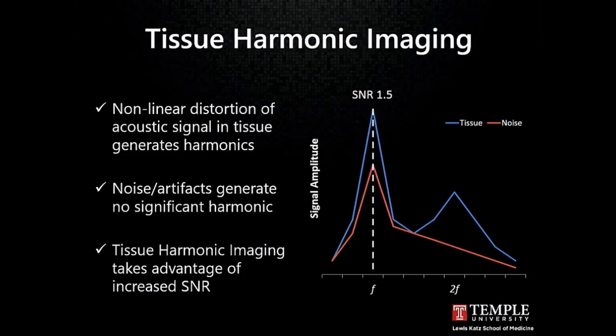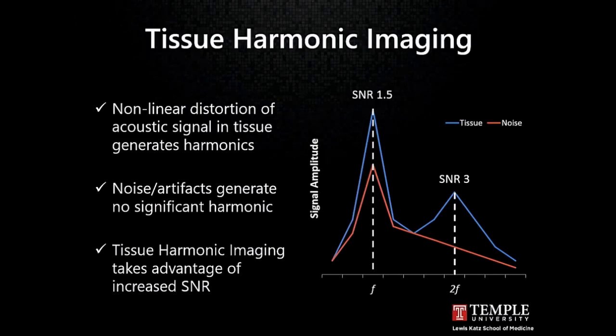But almost none of us look at pure fundamental imaging anymore. Now we use tissue harmonic imaging, which is insonating at that same frequency, but listening at the second harmonic, because our signal to noise, or the ratio of the tissue signal to the noise signal, is enhanced there. The nonlinear distortion of the acoustic signal in the tissue generates these harmonics that we image.